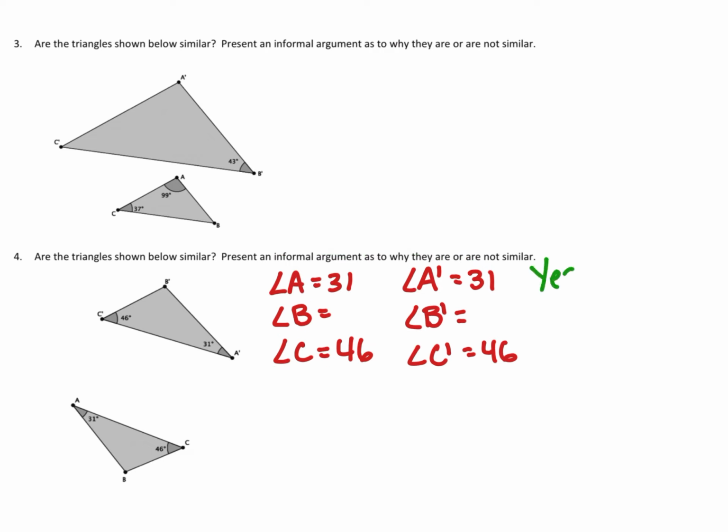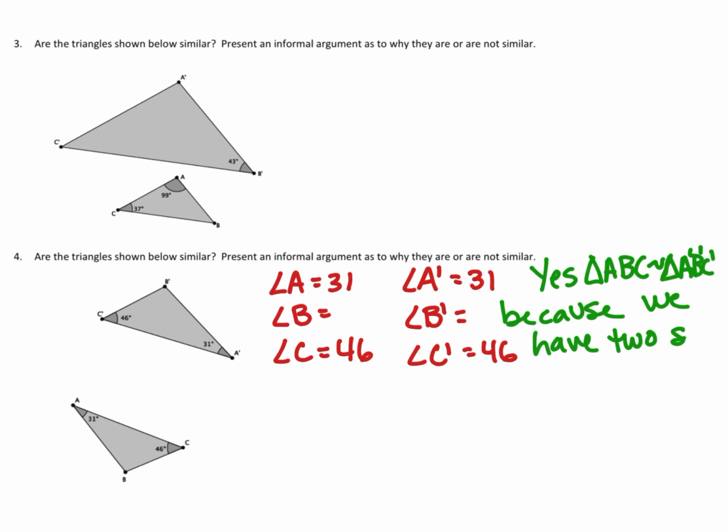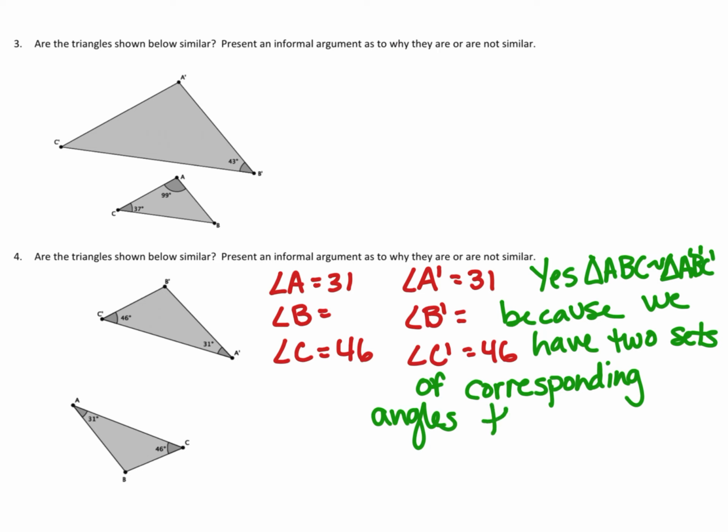So we will say, yes, triangle ABC is similar to triangle A prime, B prime, C prime, because we have 2 sets of corresponding angles that are equal in measure.